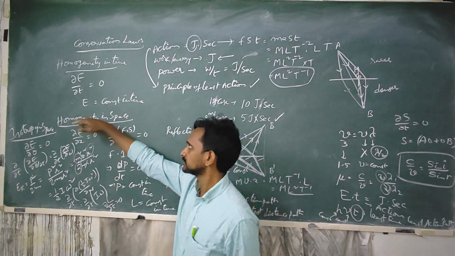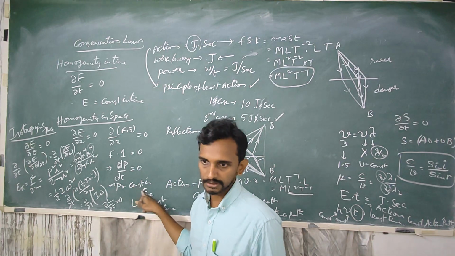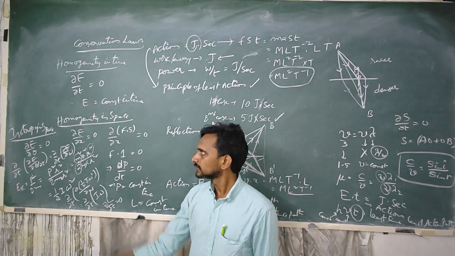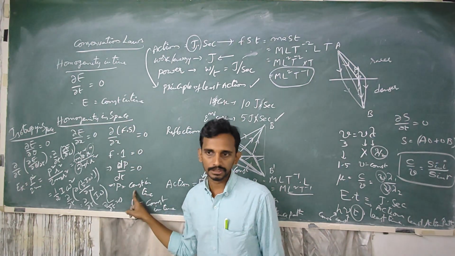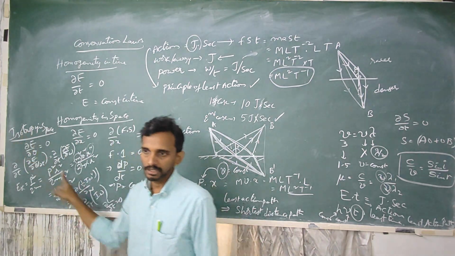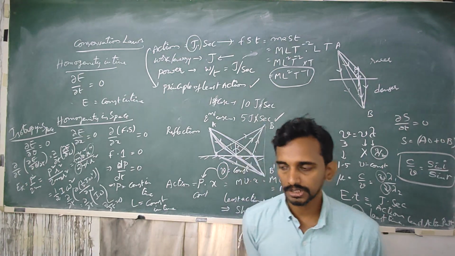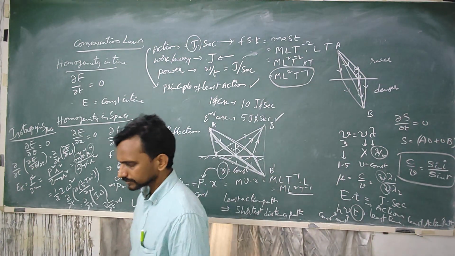Even if the energy is homogeneous in space, what remains constant as a function of time? If the energy is constant in space, momentum remains constant in time. If the energy is isotropic in space, angular momentum is constant in time. That is how the rules are developed.